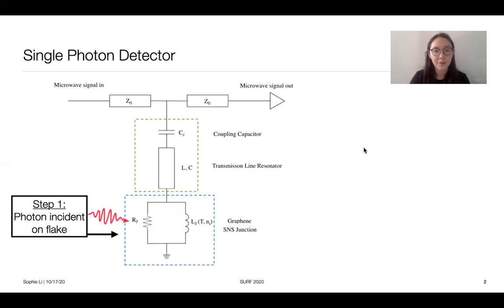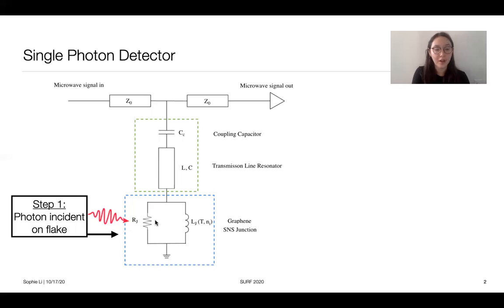The group that I worked with has developed a detector that is able to measure temperature differences up to the accuracy of a single photon. So a single photon is incident on the flake over here, and in our case, this flake is a graphene flake.